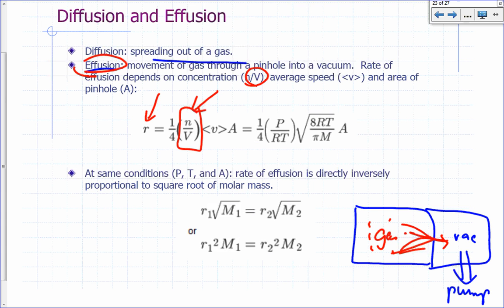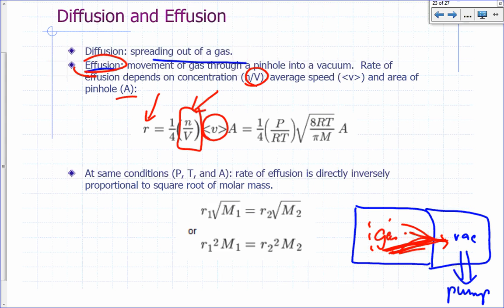It also depends on their average speed. Why? The faster they're moving, the more frequently they're going to collide with the wall, the more frequently you'll have a molecule end up hitting that hole in the wall and leaving your gas chamber.